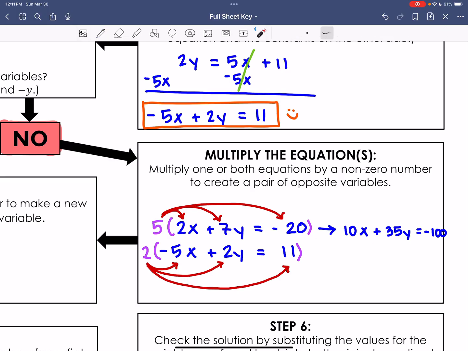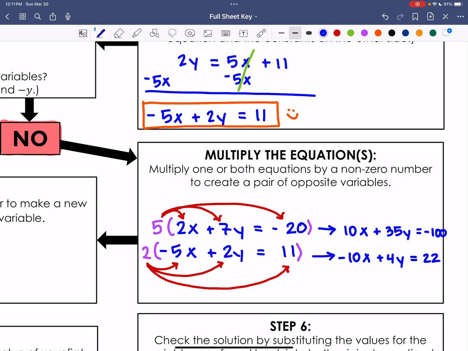Doing the second equation, 2 times negative 5x gives us negative 10x. And then 2 times 2y gives us positive 4y. Make sure you always have a plus or a minus to separate your terms. And then last but not least, don't forget this one as well. 2 getting multiplied to the 11 equals 22.